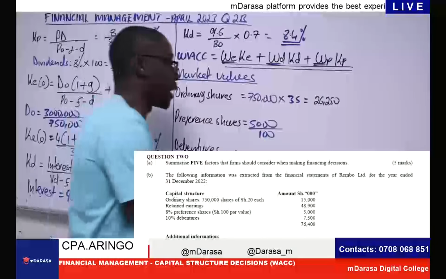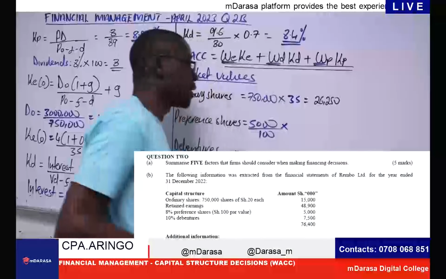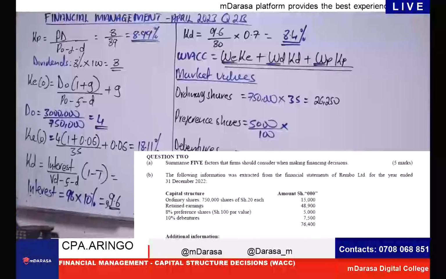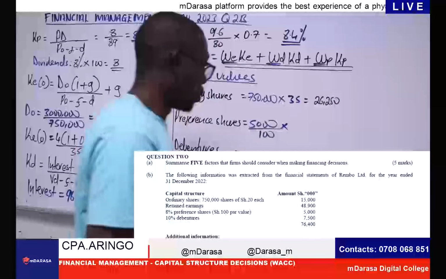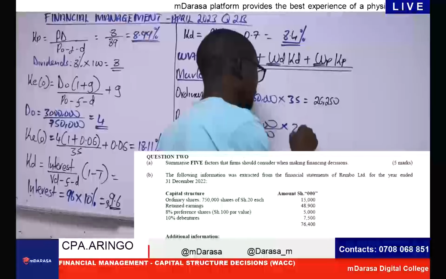We multiply by the market value of these preference shares. Currently they can go at how much? Currently they can go at 89. So we multiply by 89.